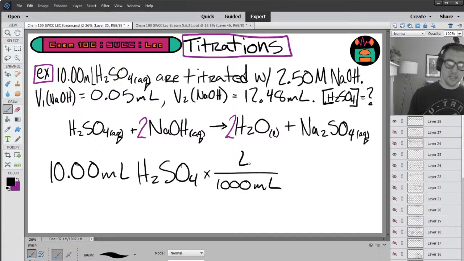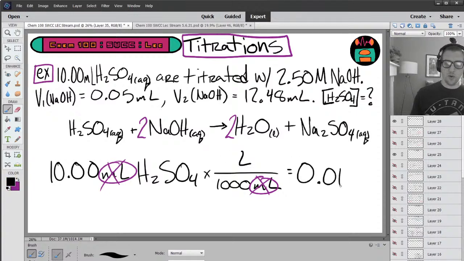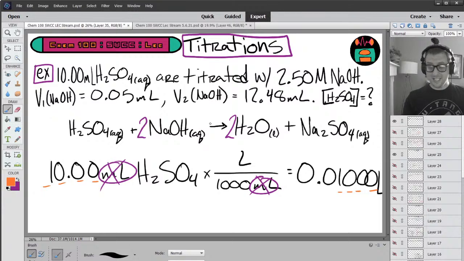There's 1,000 milliliters in a liter. Milliliters cancel. So our volume of sulfuric acid is 0.01000 liters. Got to remember, start with 4 sig figs, we end with 4 sig figs because this unit conversion is within the metric system, so it is exact.